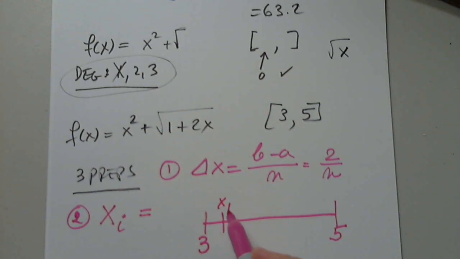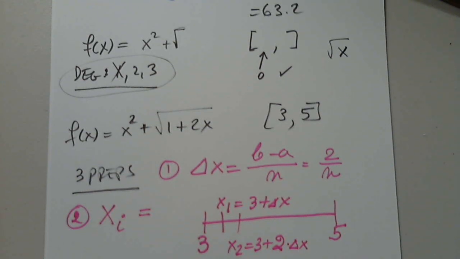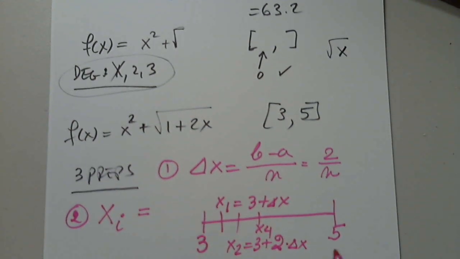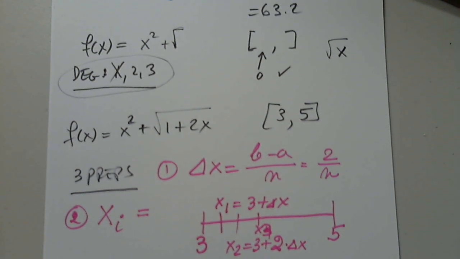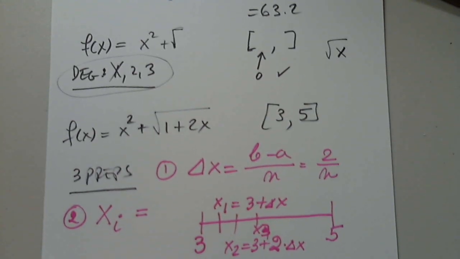So x1 will be 3 plus delta x. x2 will be 3 plus twice delta x. x3 first. x3 will be 3 plus 3 delta x. x4 will be 3 plus 4 delta x. I'm sorry. Delta x. So then what will xi be?